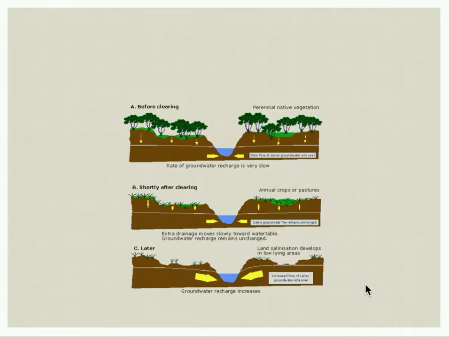Afterwards, the long-term effect is causing the water table to rise even more. So as the water table rises higher, it brings those salty saline minerals from the groundwater further up, which is not an appropriate environment to grow a lot of things.